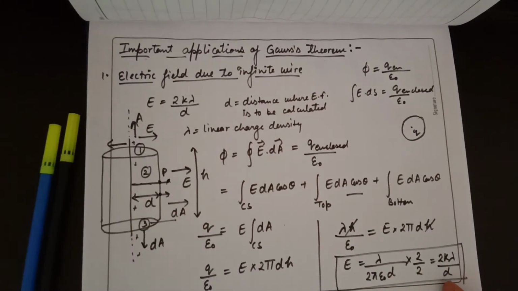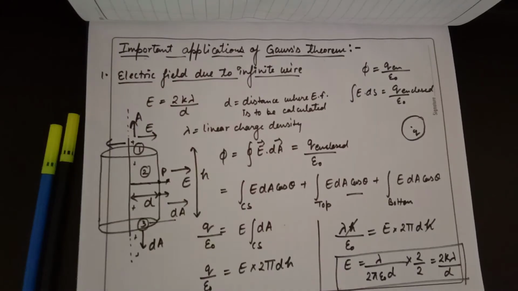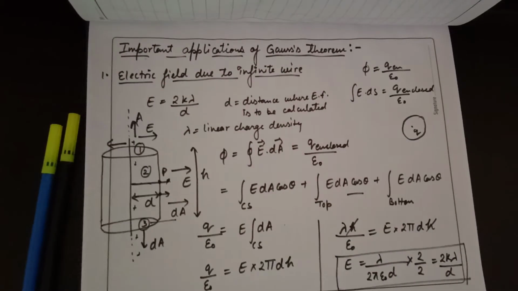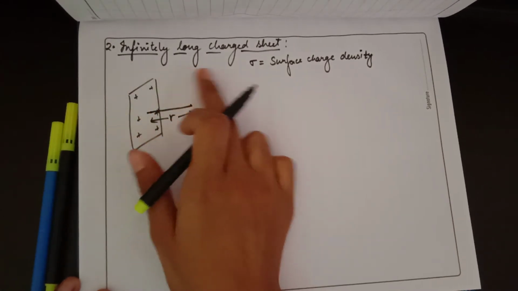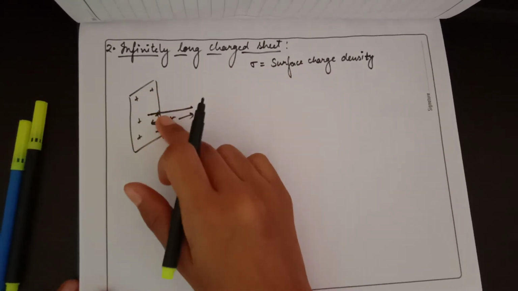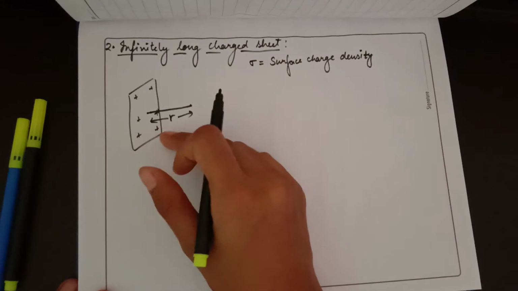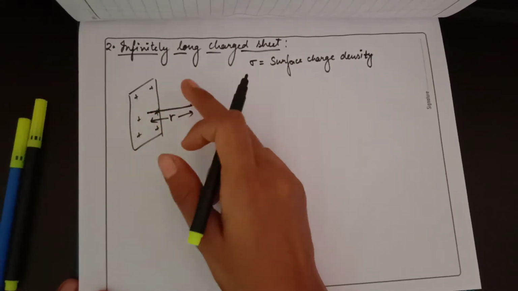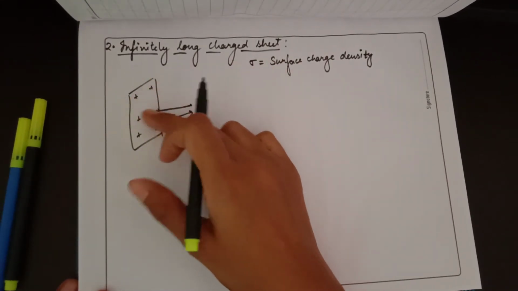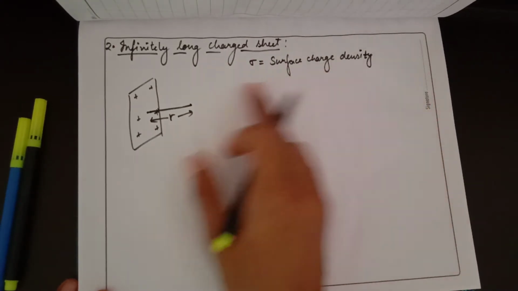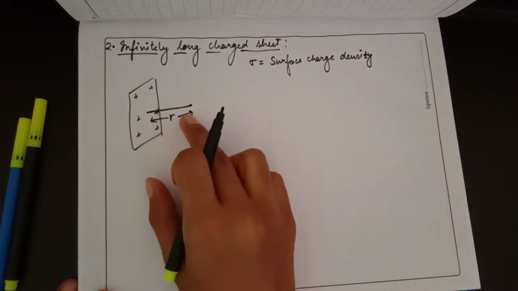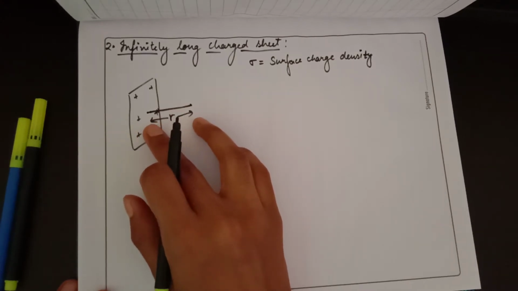So now we will see the next application of Gaussian theorem. Second is the infinitely long charge sheet. As you can see from this figure, this is a charged sheet. As charge is distributed on the surface, I will take sigma as the surface charge density, and I want to calculate the electric field at a point at a distance r from it.